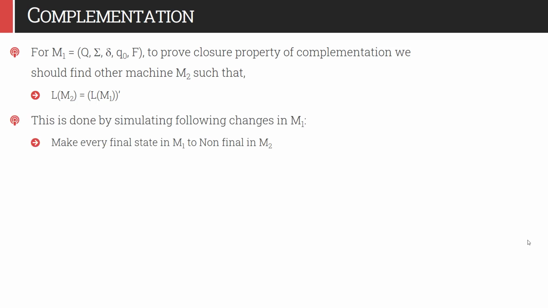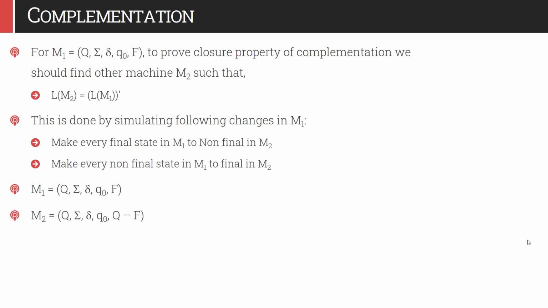To do that, we have to make very simple changes: we make every final state in M1 a non-final state in M2, and every non-final state in M1 a final state in M2. So we just change the role of every state and we get the complemented DFA. So if M1 is (Q, Sigma, delta, Q0, F), then M2 would be (Q, Sigma, delta, Q0, Q minus F). We are simply taking the complement of the final states. Everything else remains as it is.